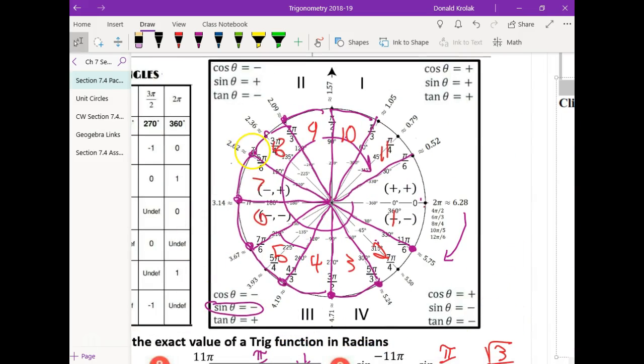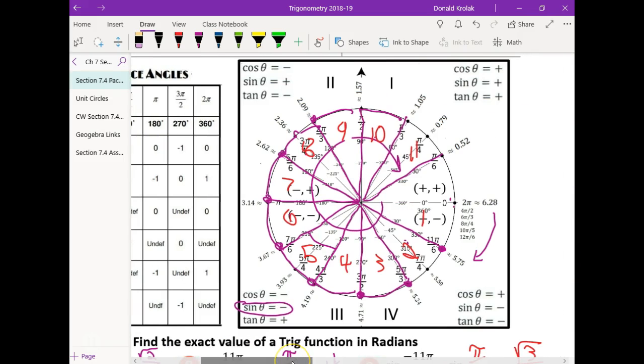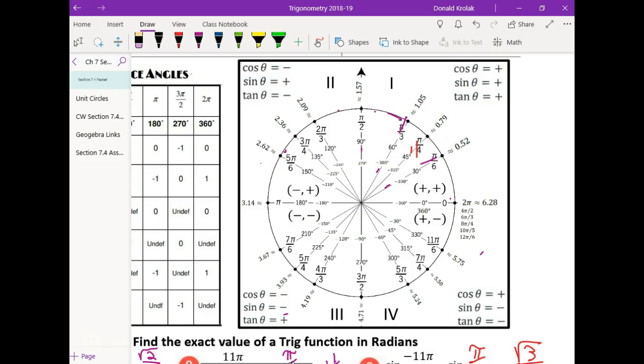Negative 11, so we're counting clockwise. So we're going this way, and that's how big our slices are.